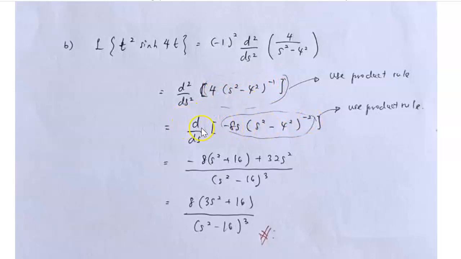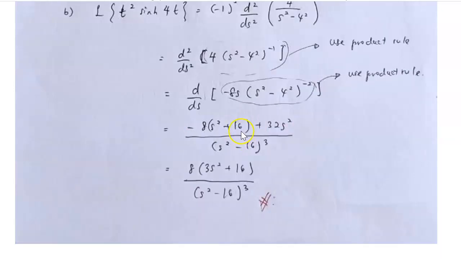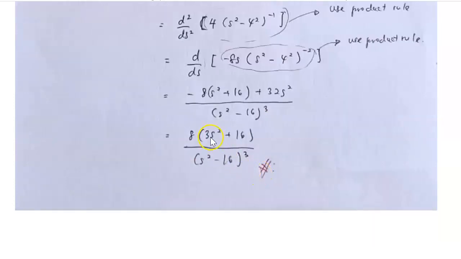So differentiate again one more time. Again we use the product rule here. So we will get negative 8 (s squared plus 16) plus 32 s squared over (s squared minus 16) to the power of 3. Then your final answer is 8(3s squared plus 16) over (s squared minus 16) to the power of 3.